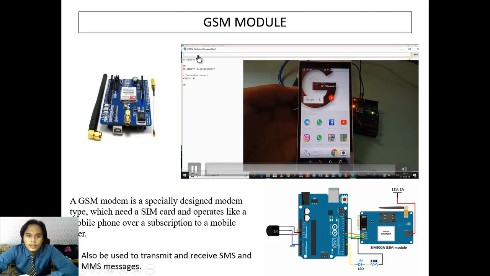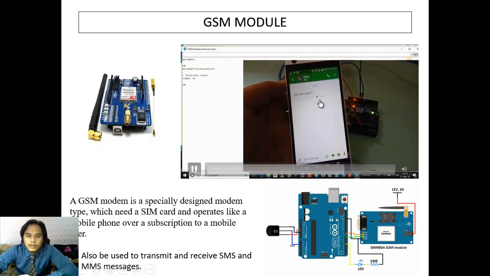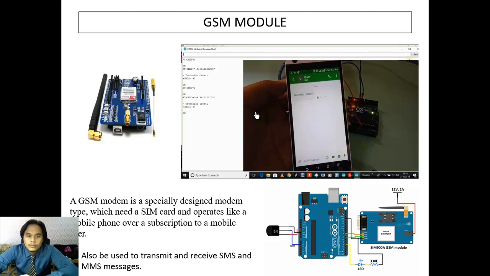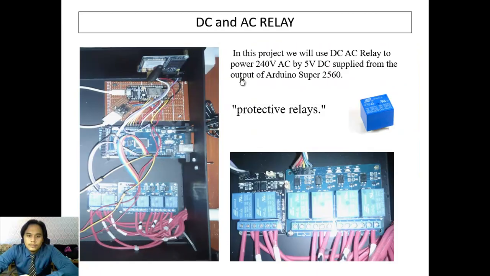So they are using the Arduino software to send a message to the phone. Here we receive an SMS from our GSM module. If I enter it again, then again we get an SMS that says hello.